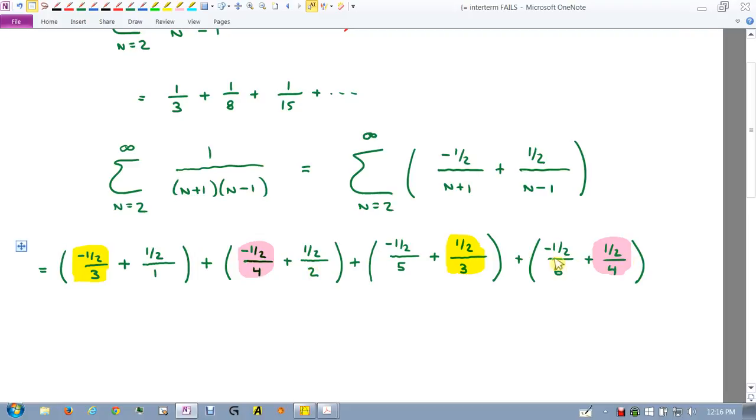Understand? Okay, what about this first one right here? I should probably underline what's staying. This guy's staying, this guy's staying. That guy went away. So far these two are going to stay, right? This first guy requires there to be a second guy over here. Is there one? Yes, it's there, right?